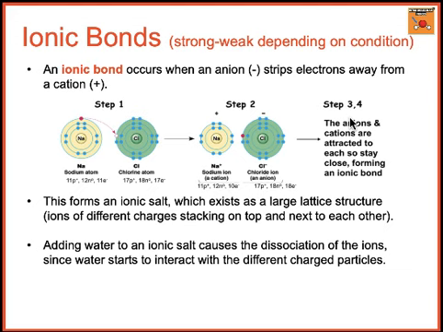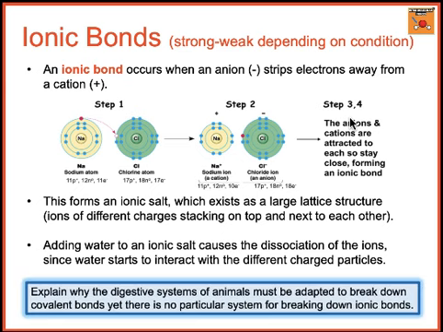Now think about it. Adding water to an ionic salt causes the dissociation of the ions, since water starts to interact with different charged particles. Now I asked you in class, this was a very hard question, but why is it that the digestive system of animals must be adapted to break down covalent bonds?